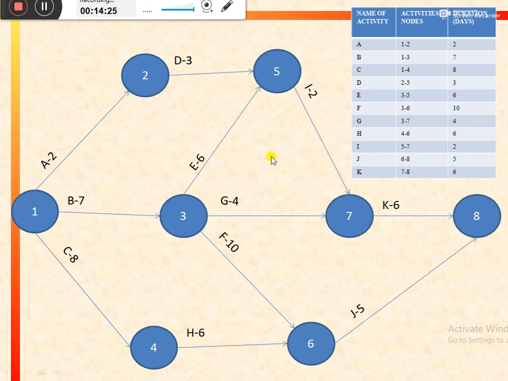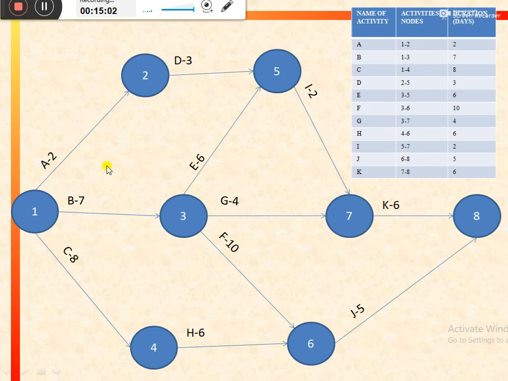While doing this, remember that activity A is the former or preceding activity for activity D, and similarly activity D is the preceding activity for activity I, and activity I is the successor or following activity for activity D. So always consider the logical sequence of the activities while calculating all these starting or finishing times for the different activities of the network. So let's start.